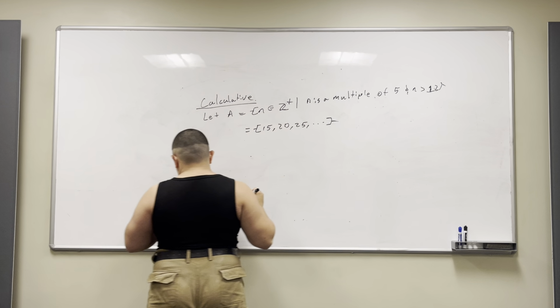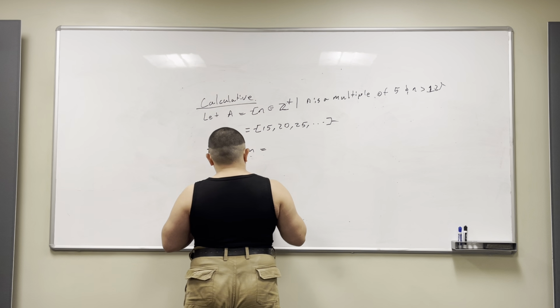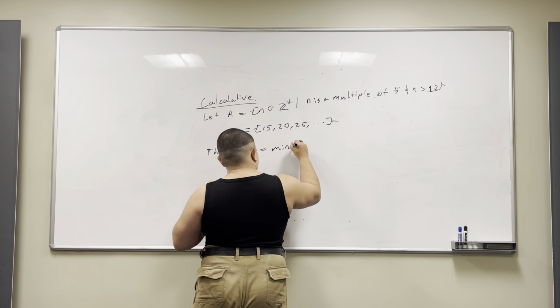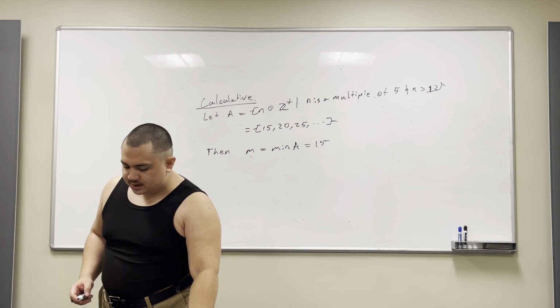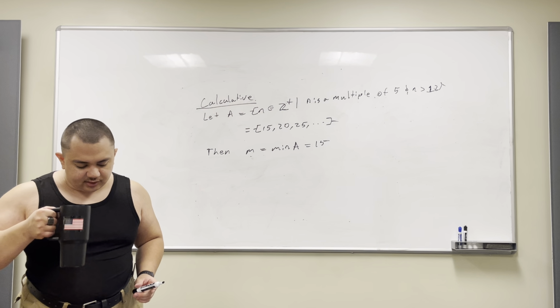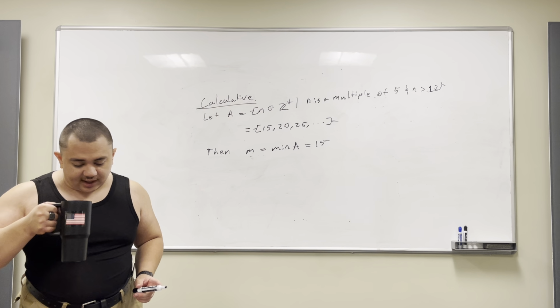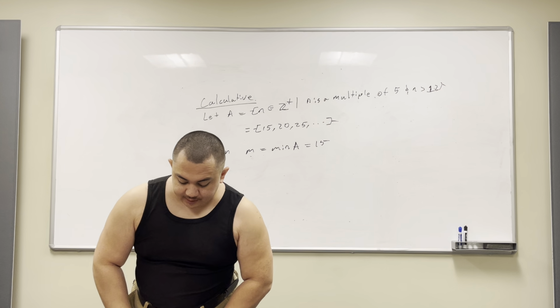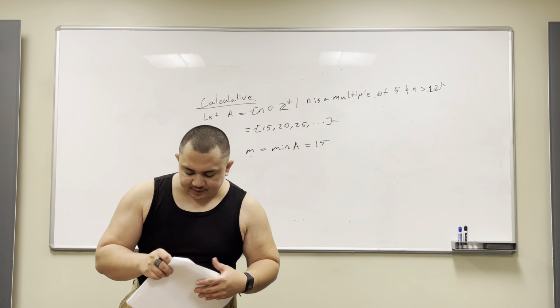Suppose then that m, the minimum of the set A, is equal to 15. Now this concretely illustrates that a non-empty subset of the positive integers has a least element, and that's essentially what this is. Obvious intuitively, but formalistically speaking, it's a bit of a more difficult case. Nothing too bad though.